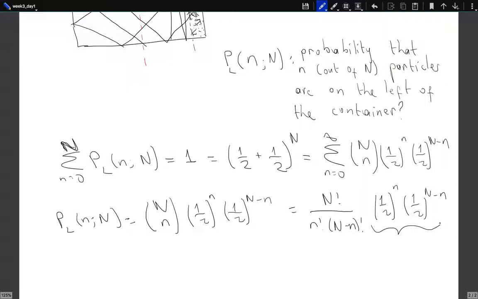The probability that each one of the remaining particles is on the right is 1 over 2. So we have capital N minus small n of them. So the probability that all of them will be on the right is just 1 over 2 to the power capital N minus small n. So this is the probability that at a given instant, small n of all the particles will be on the left.